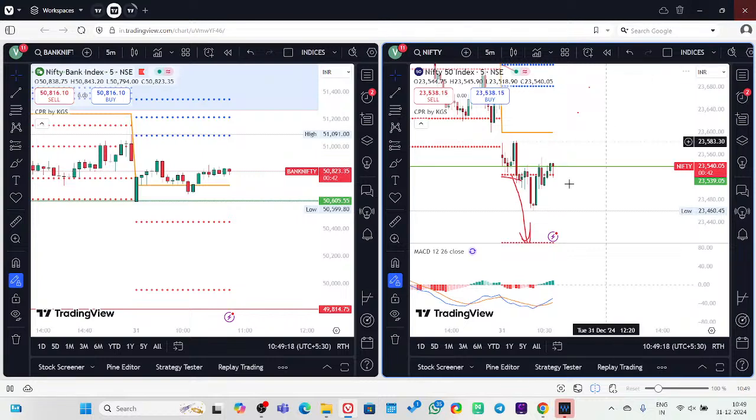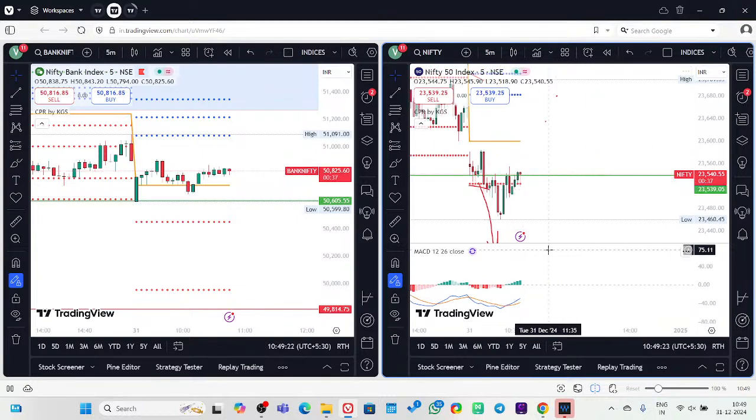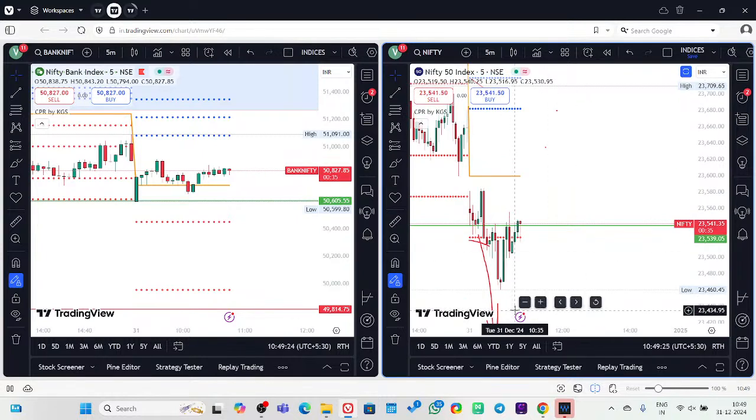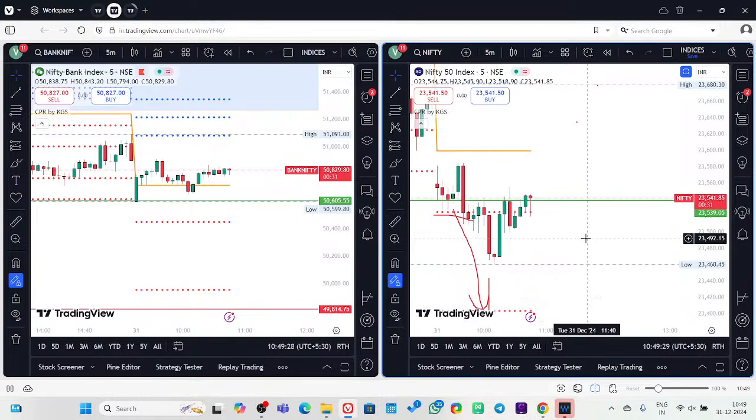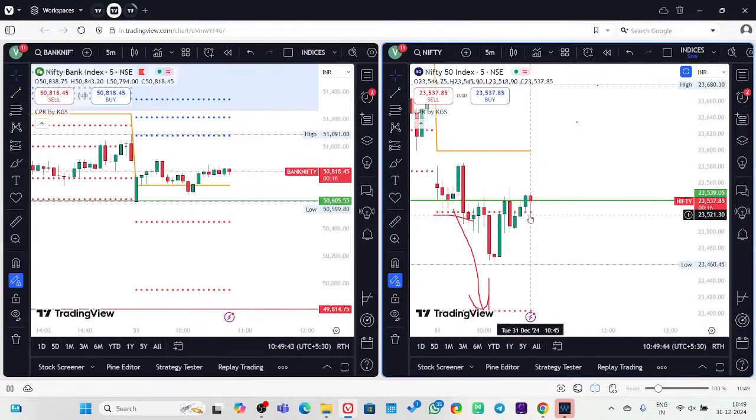See these wicks here, these wicks. These wicks indicate there are buyers present here.